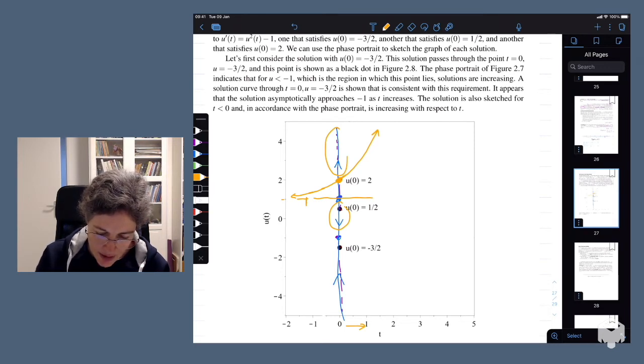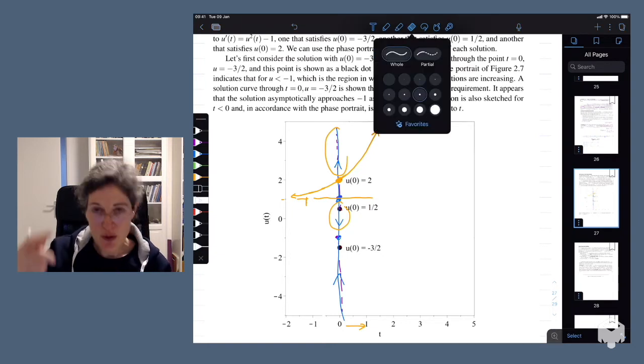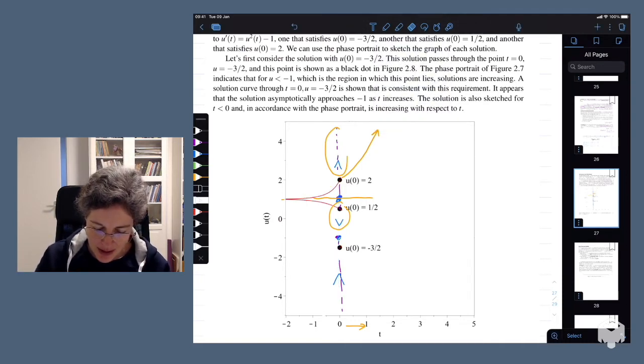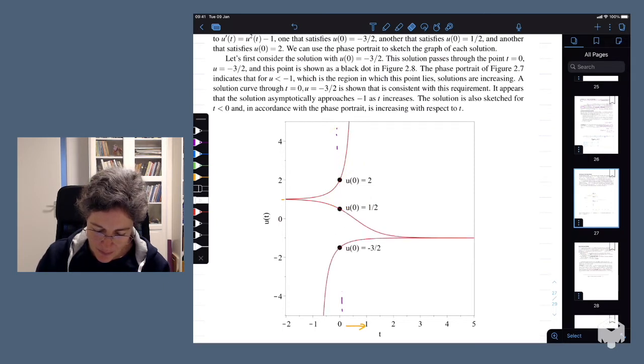So that's how the picture gets drawn up. Let's have a look at what the actual picture looks like, and then we can see that we understand it.